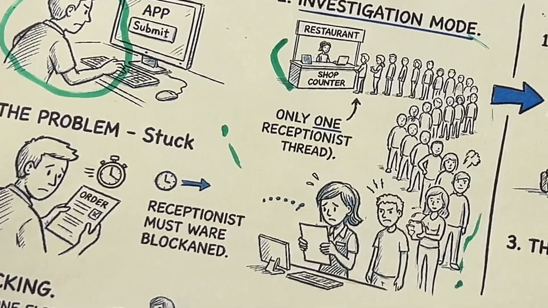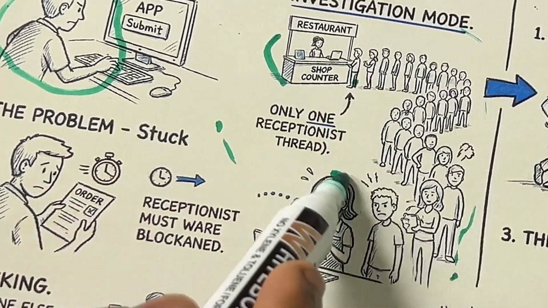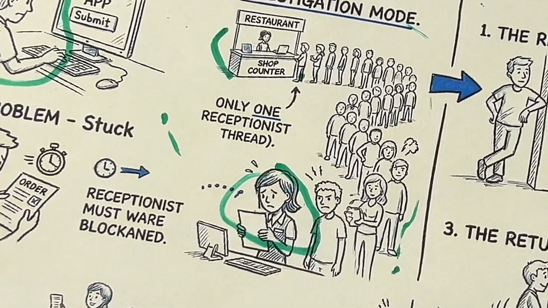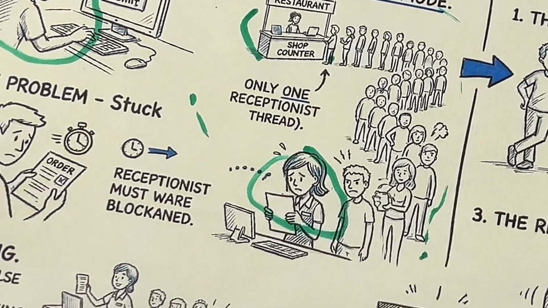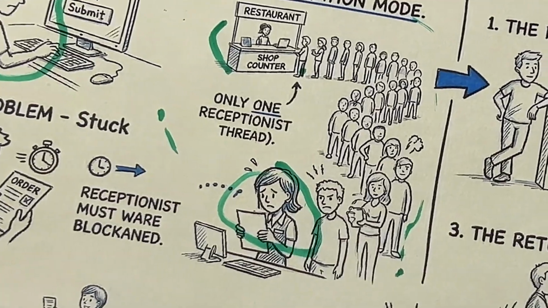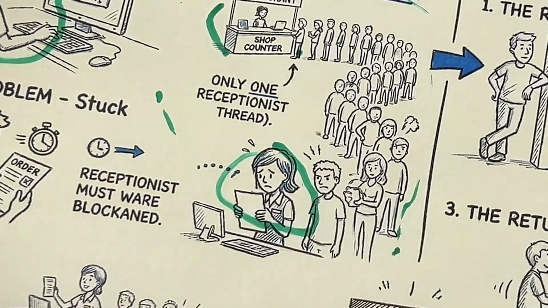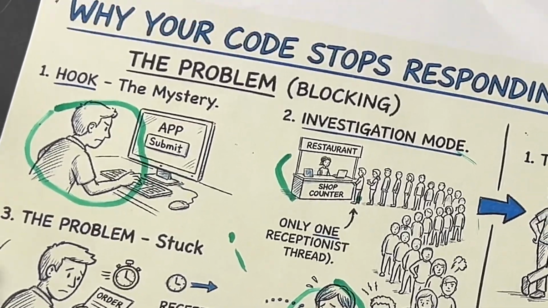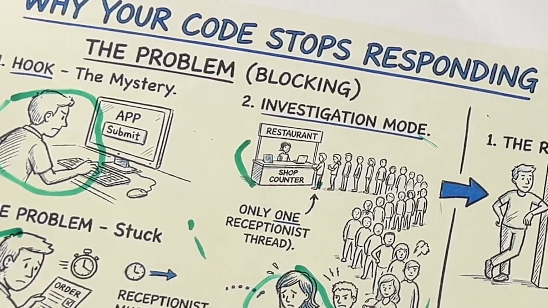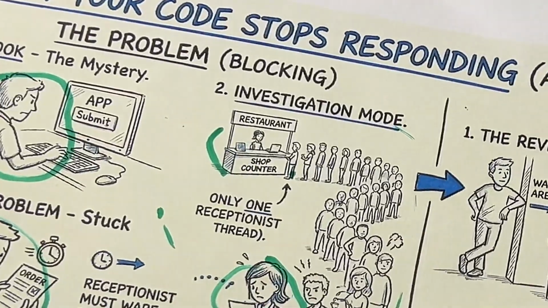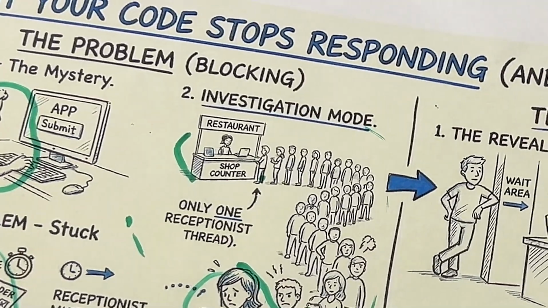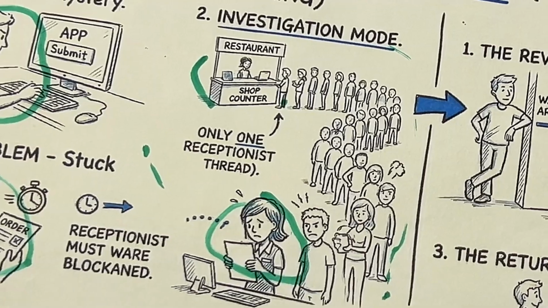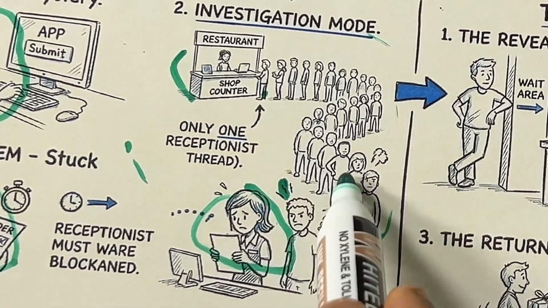Now, this particular customer, the first one here, has placed an order. And as expected, sometimes orders at restaurants take time because they have to be processed. The receptionist must wait and wait and wait until his order is served before this receptionist serves the next customer here and then the next.